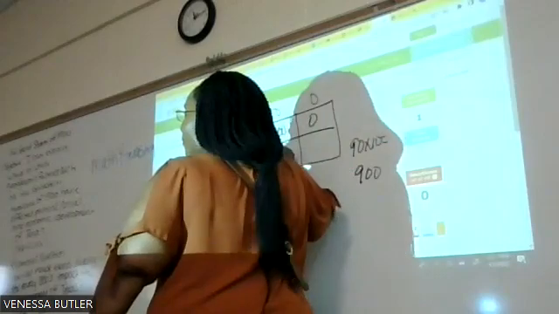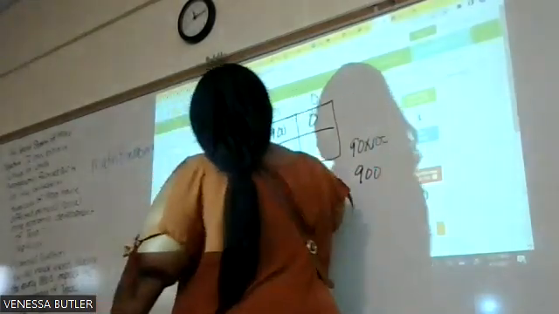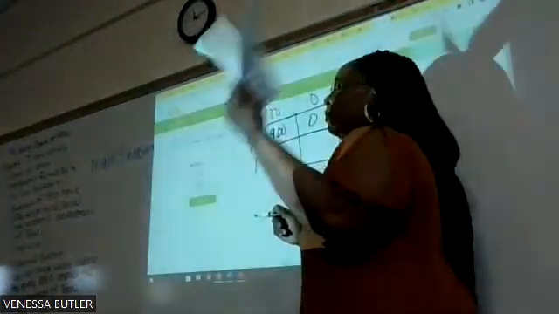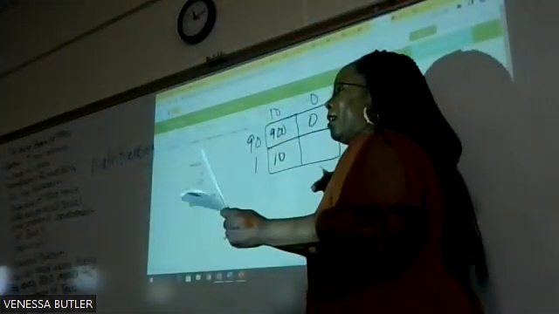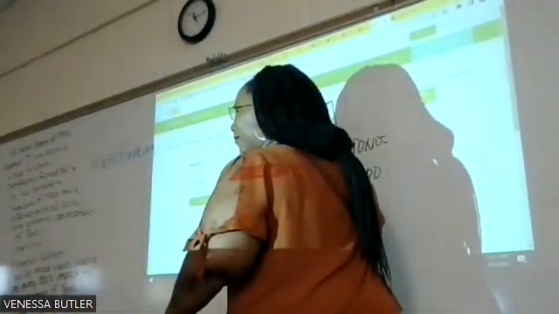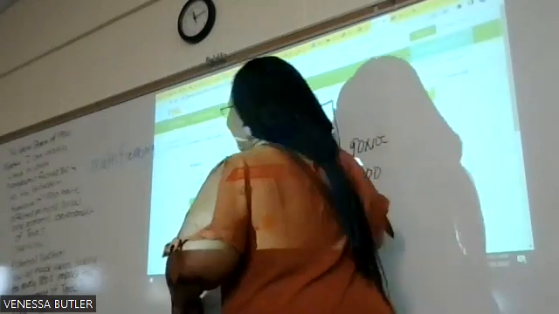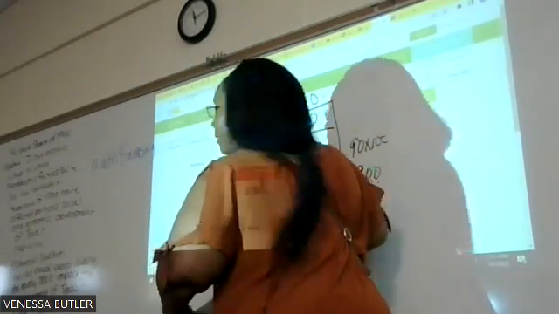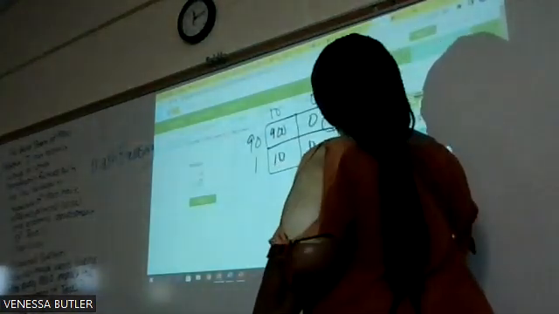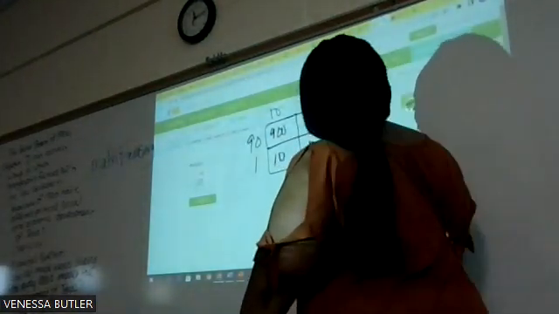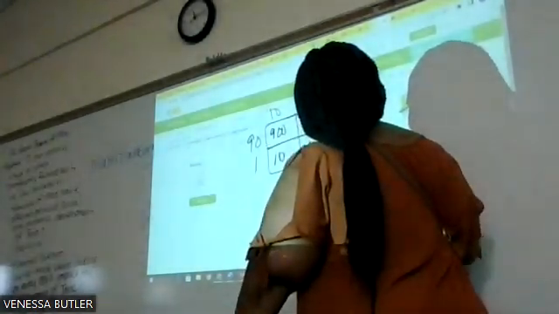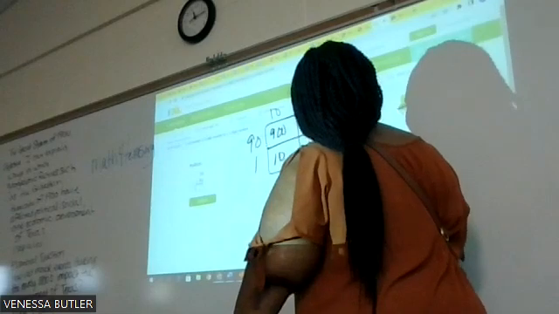Evelyn. And what is that? Okay, and one more. Who can tell me what's the next step? Emily? What is it? Okay, and that's what? So what do I do next? Add 10 plus 0, and what is that? 10. And then we add.